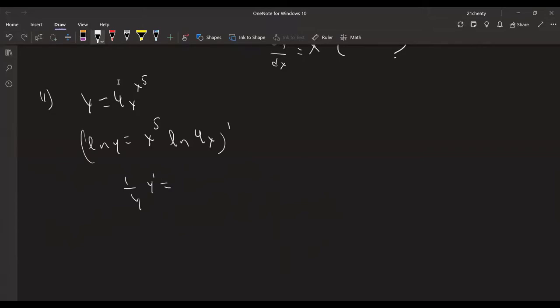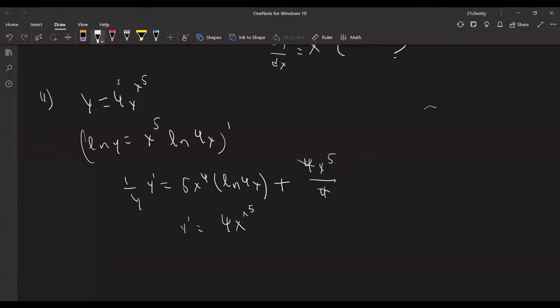I guess I use the other notation, so x to the fifth, 5x to the fourth, x plus x to the fifth over 4x, and then you have to chain rule it, so you times the 4 here.